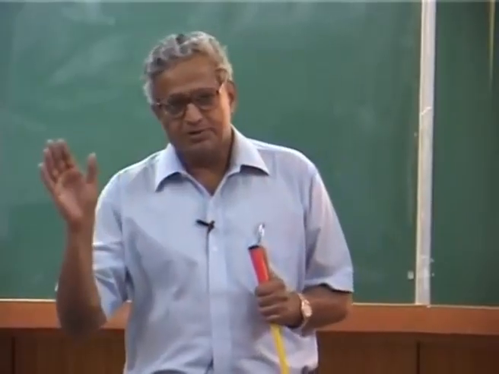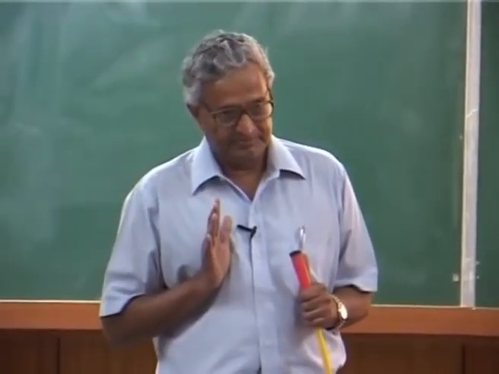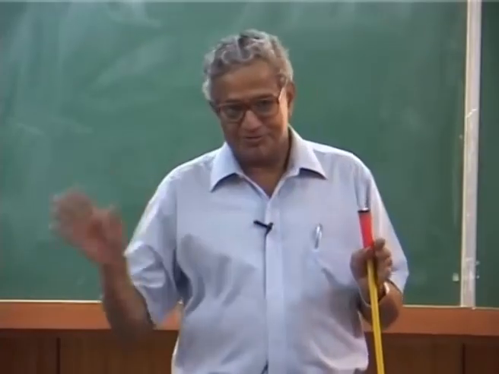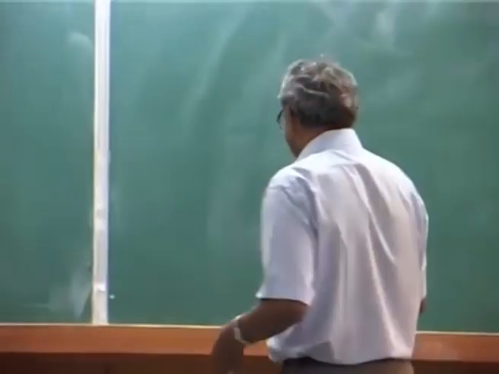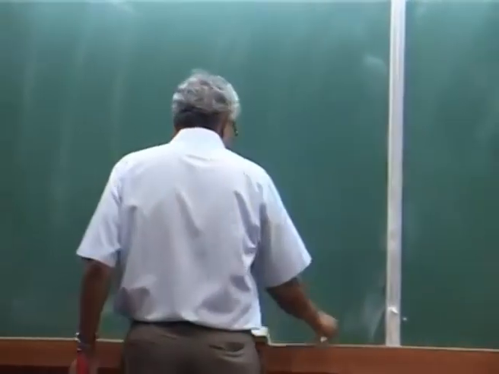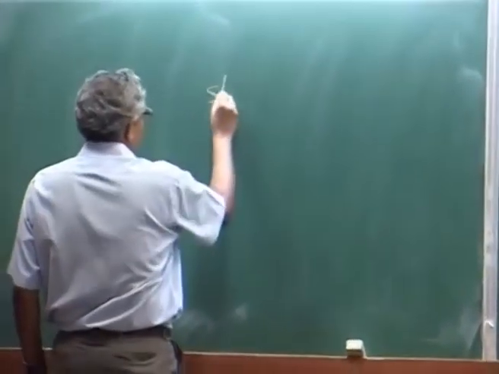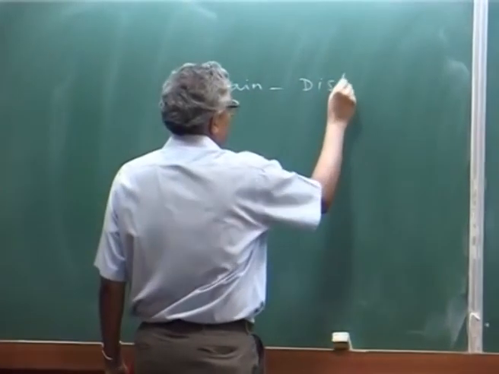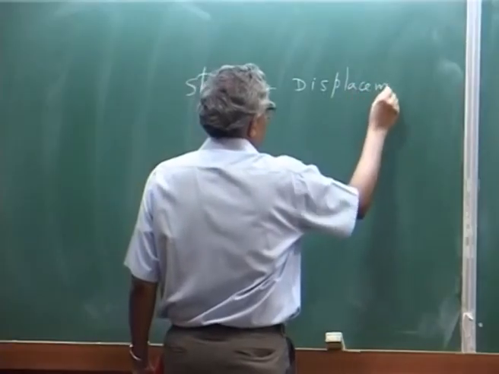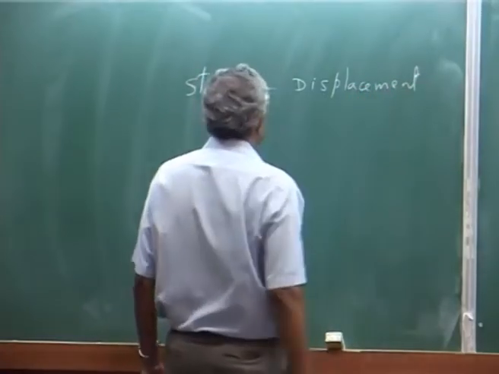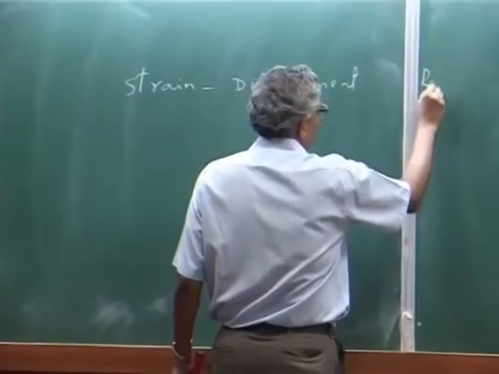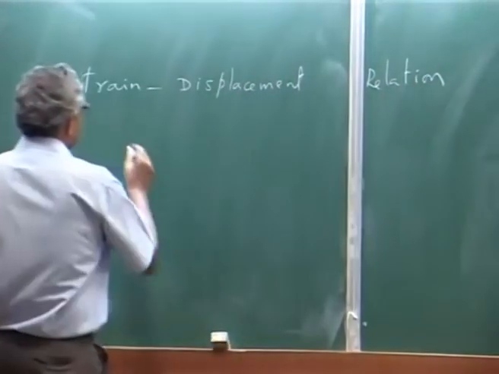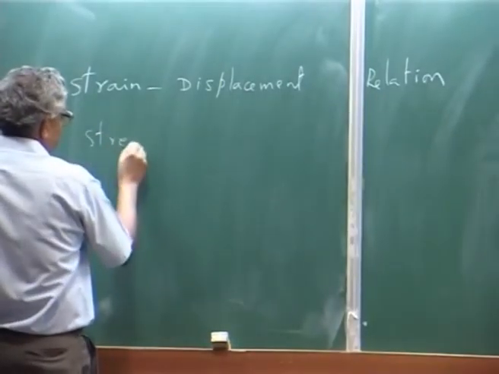Strain to displacement is nonlinear. Please note, strain to displacement relation, that is one nonlinearity which is called the geometric nonlinearity. Okay. Another one you can have is the stress strain relation. Okay.